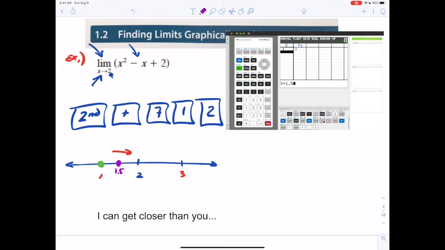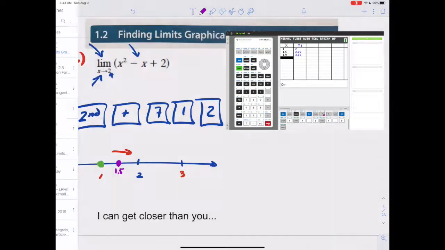Now, can you get even closer than that? I hope the answer is yes. I could go to 1.9, which is right about here. I'm not going to bubble all of them. Can you get even closer than that? You could go 1.99.